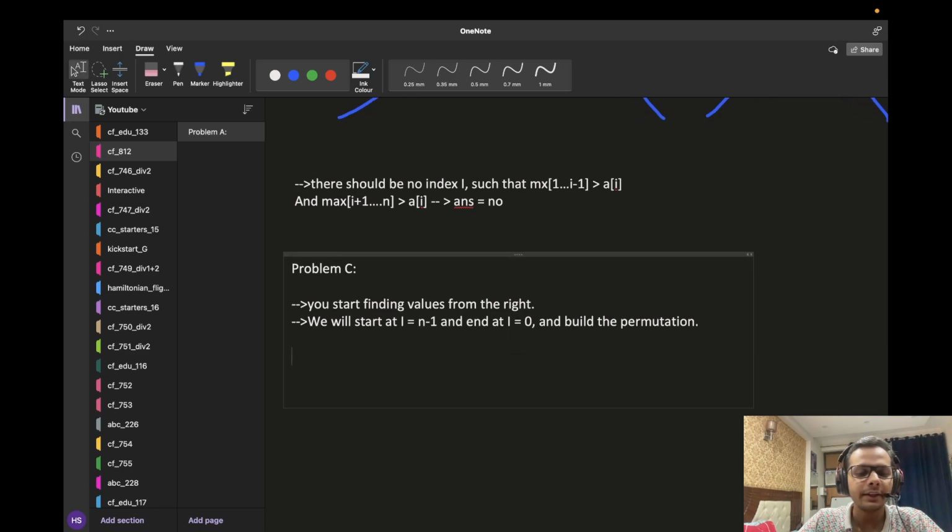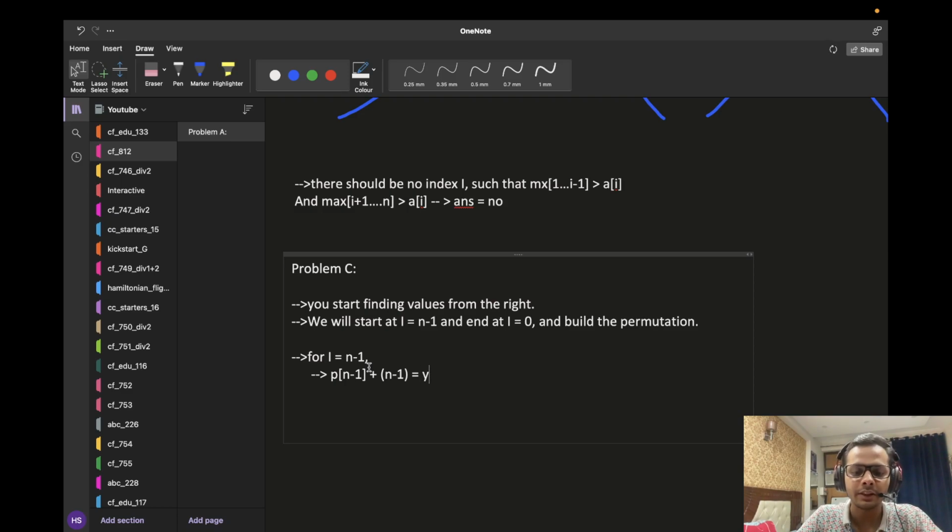So let's say currently we are at I equals n. What we'll do is we'll iterate for the perfect square, which will be at index n minus 1. Now the condition that we want to be satisfied is that p of n minus 1 plus n minus 1 is equal to a perfect square.